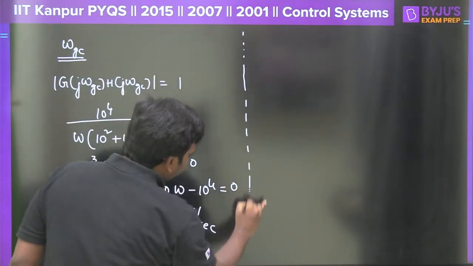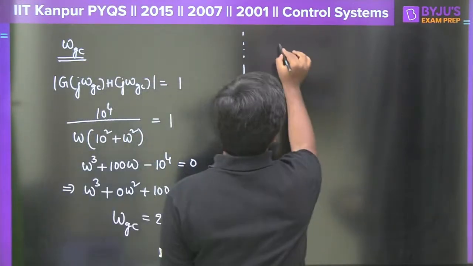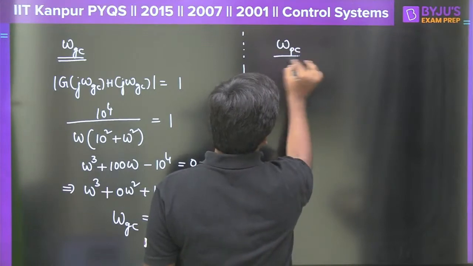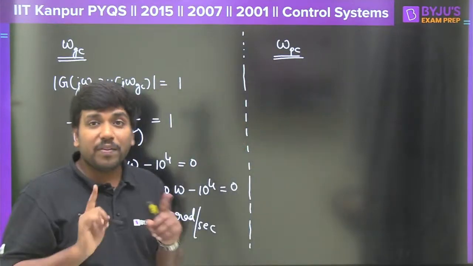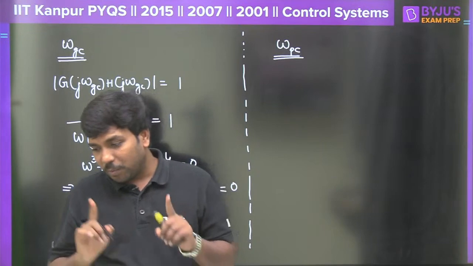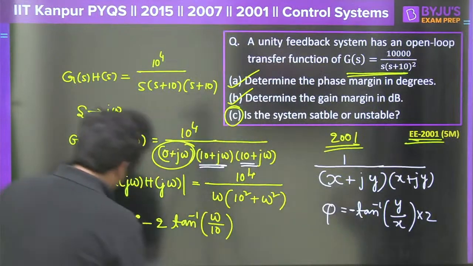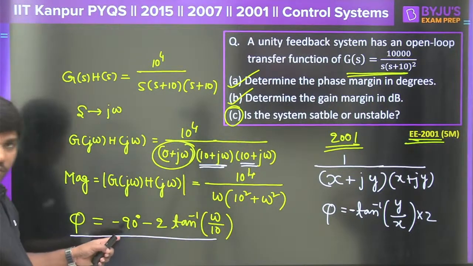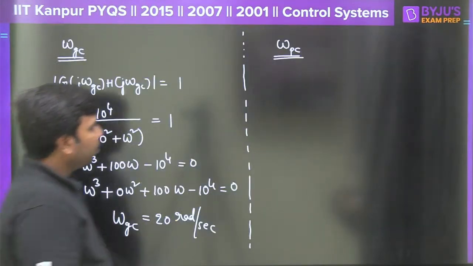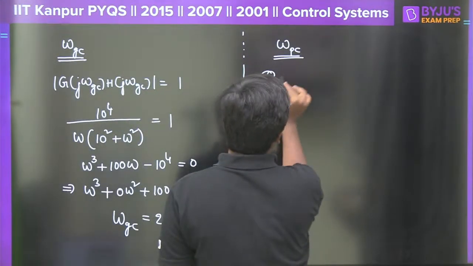Now the next one is omega PC, so we must calculate omega PC. How do we calculate omega PC? Omega PC is the frequency where the phase is equal to minus 180 degrees. The phase is all the way this one. Now if I put it here, the phase must be equal to minus 180 degrees.